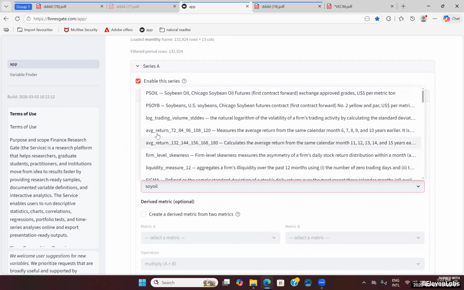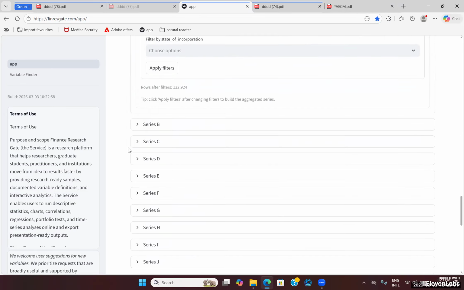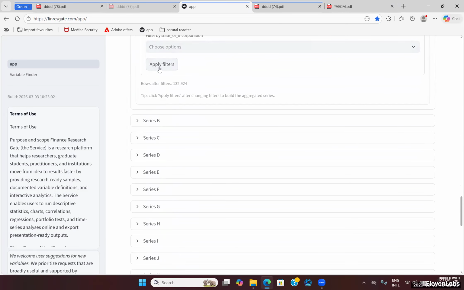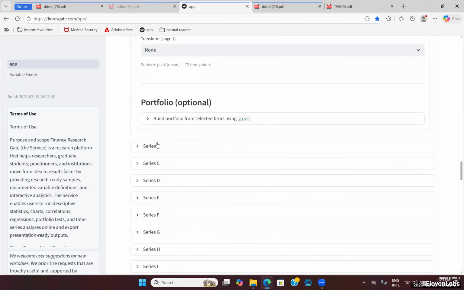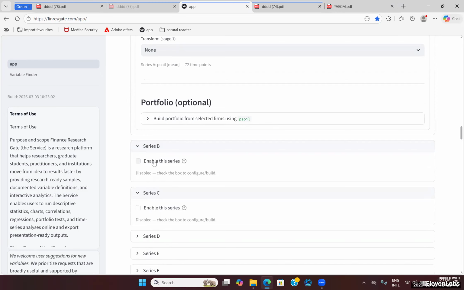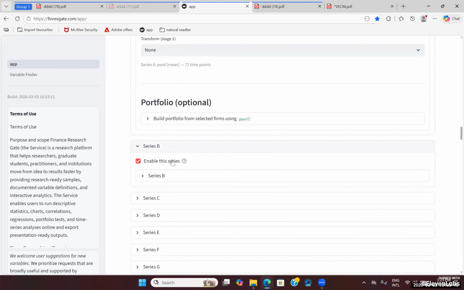First, let's start with the soy oil. We're going to apply, and then we are going to proceed with the careful selection of the soy meal. When the soybean undergoes the crushing process, we are able to extract two main products, soy oil and soy meal.